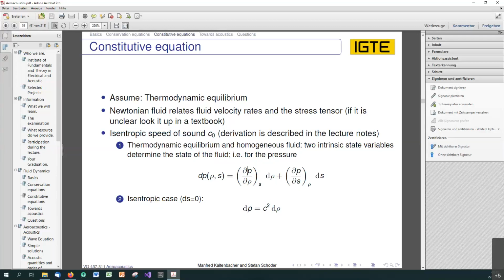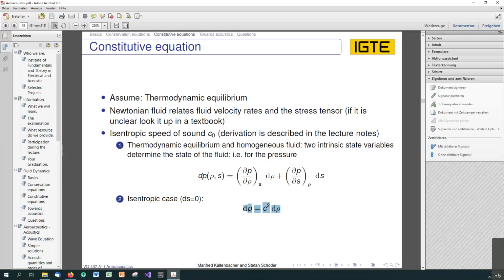This means, starting from thermodynamics, you can define the acoustic state being isentropic, and then you arrive at this equation, and you can use it further for your wave model. And you can then derive the wave equation and so on.